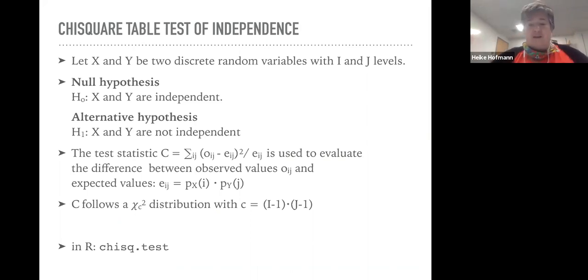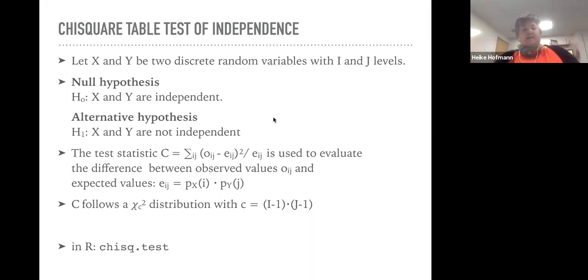And very generally, we have two discrete random variables. We assume that X has capital I different levels and Y has capital J different levels. We assume that X and Y are independent. That's our null hypothesis, our working assumption. Our working assumption is that these two random variables have nothing to do with each other. They're independent.